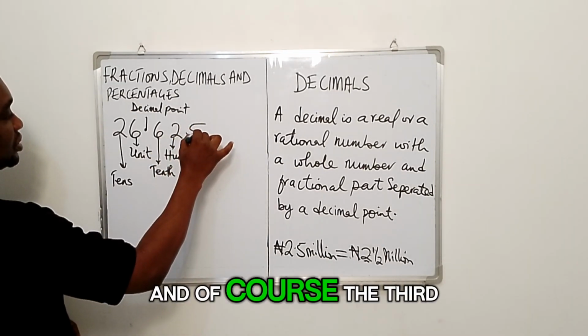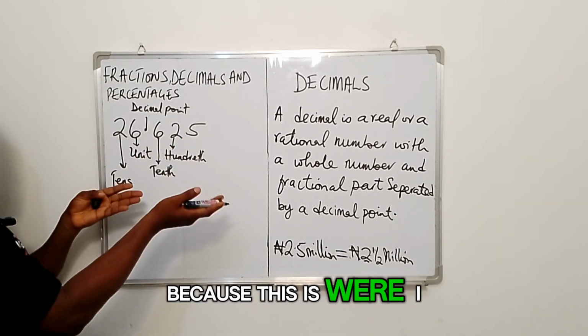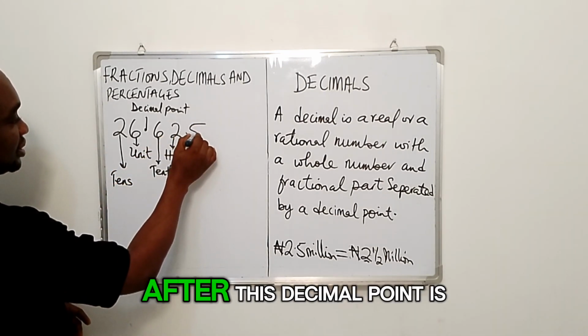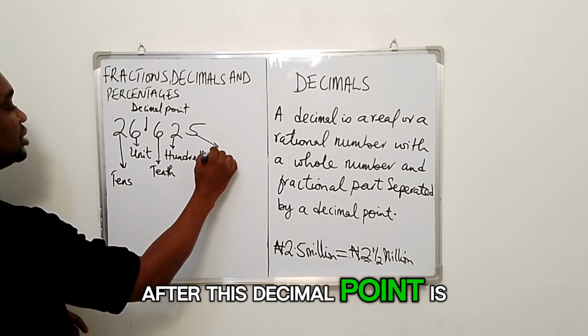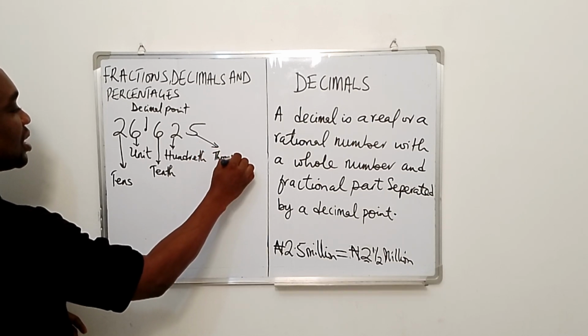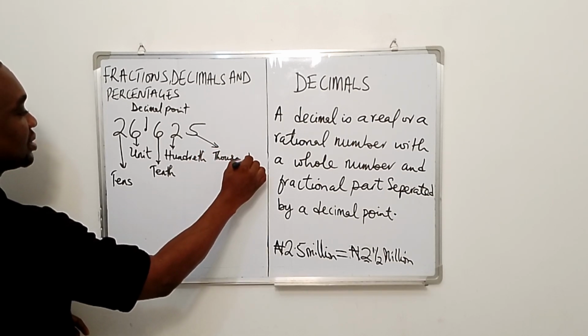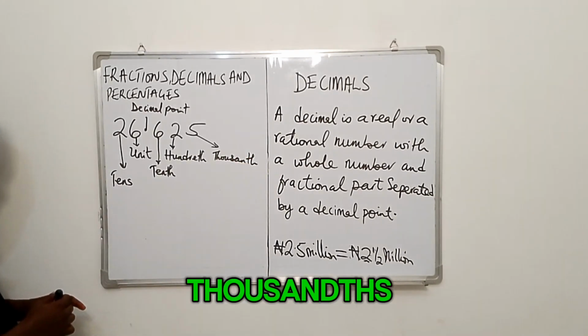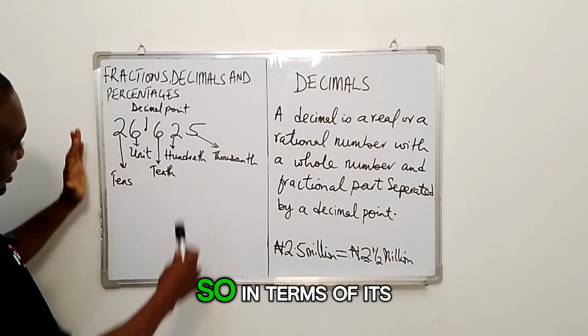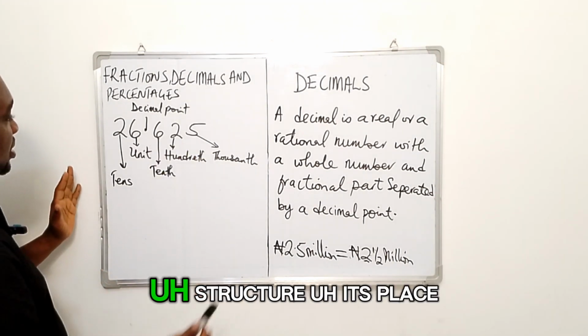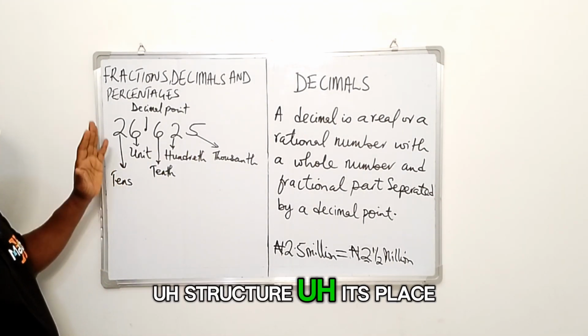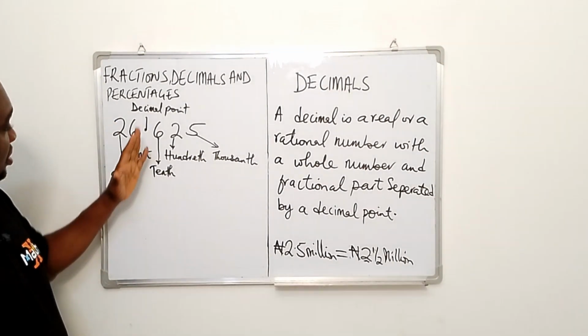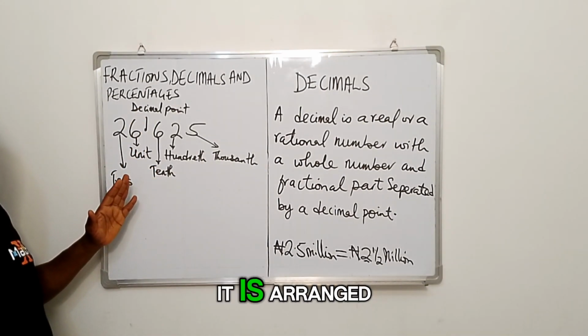And of course, the third digit, because this is where I wish to stop, after this decimal point is called thousandth. So, in terms of its structure, its place value, this is how it is arranged.